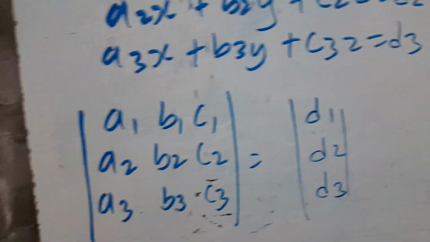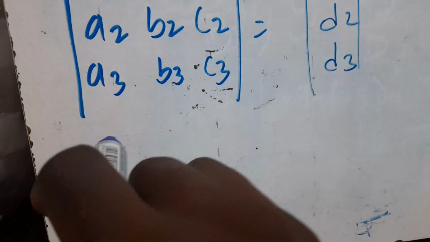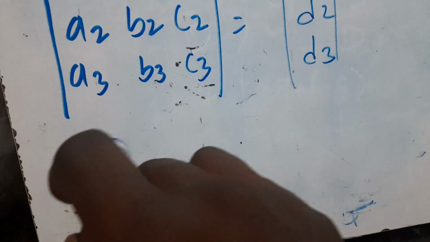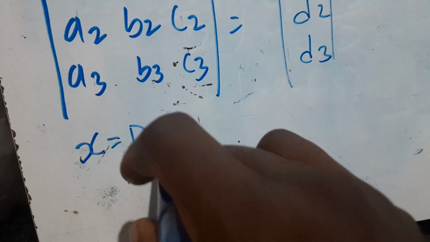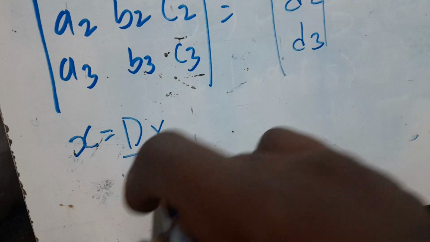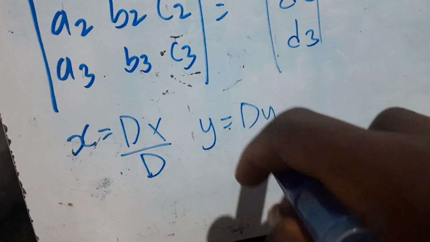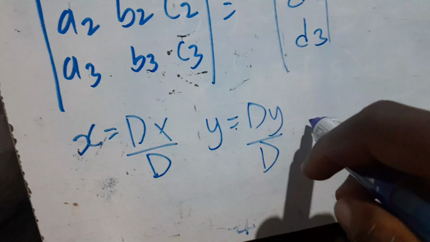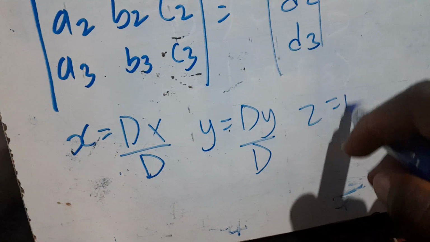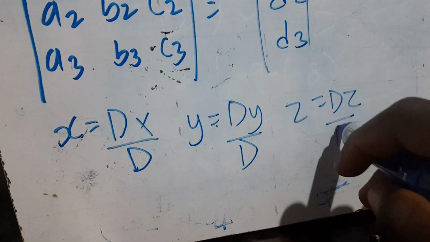Now, to find the value of x, the value of x is dx over d. The value of y is dy over d, and the value of z is dz over d.